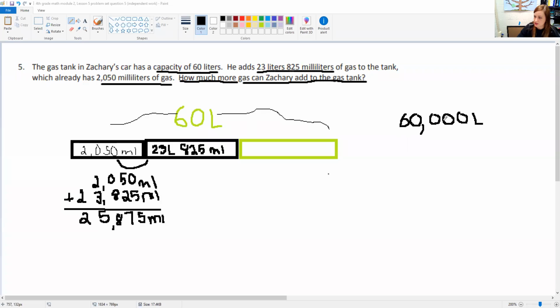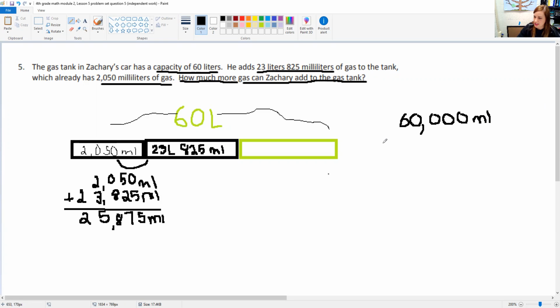Okay, I stopped it because I was thinking there's something wrong here. There's no way it's 60,000 liters. It's 60 liters, but it's not liters. It is milliliters. So that makes so much more sense to me now. So let's erase that. Okay, now it makes more sense.